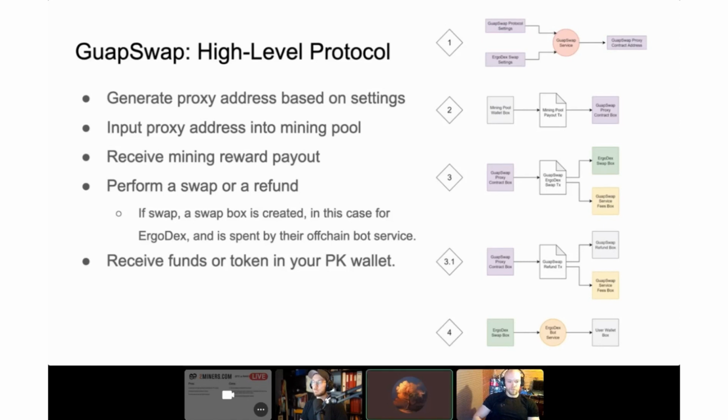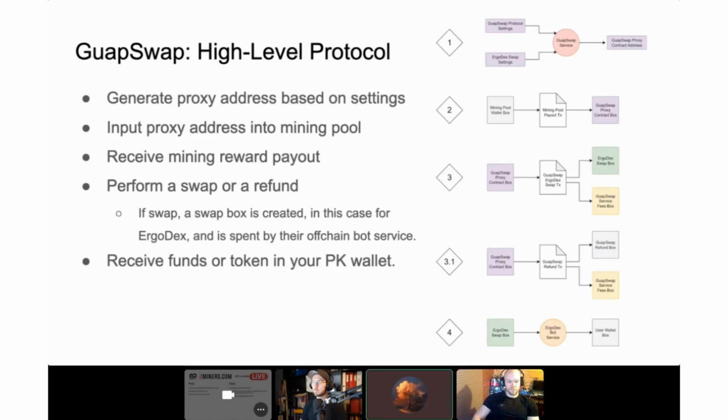Then you would use the GuapSwap command line interface, and there's 2 different steps you can take. You could either do a refund, right? Either sending the money back to your own wallet, or you could do a swap. So the swap will create an ErgoDex swap box with all of the necessary parameters that were calculated based on the information you provided in the config file.